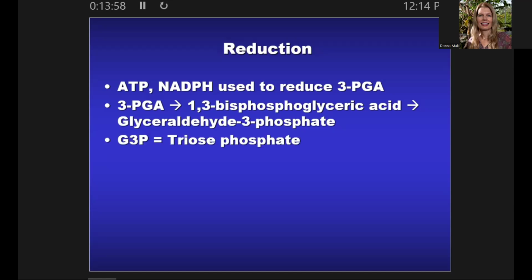You can abbreviate glyceraldehyde 3-phosphate to G3P. So G3P is another 3-carbon molecule. They often will say it's a triose phosphate. Triose just means it's 3 carbons. I'll show you that in a little bit more detail.